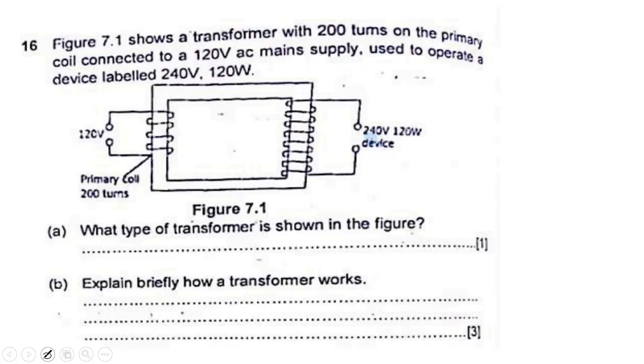Then this side is 240 volts, and this is a 120 watt device. Then they ask what type of transformer is shown in the figure. If this side has few coils and here there are more coils, then this is a step up transformer. So you say this is a step up transformer.